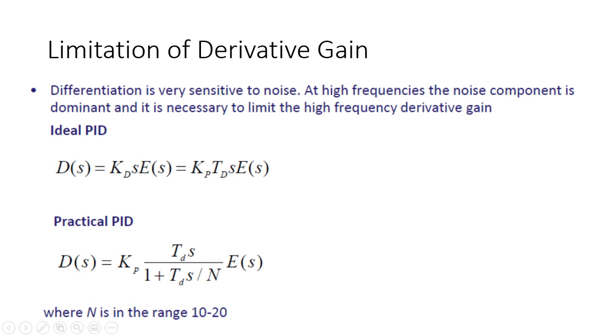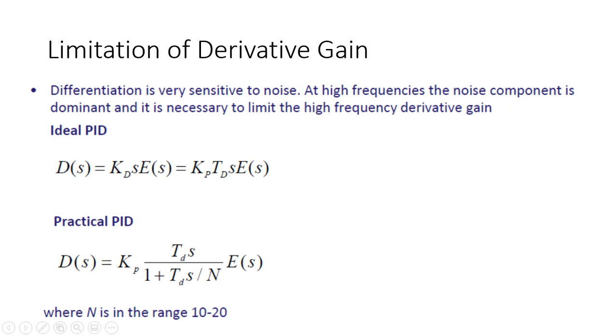As I told you, this s is very sensitive to noise, so we can overcome this by introducing a low pass filter here that will limit the high frequency deviation. This is the ideal derivative one, that is KD s or KP TD s. These are almost similar implementations.